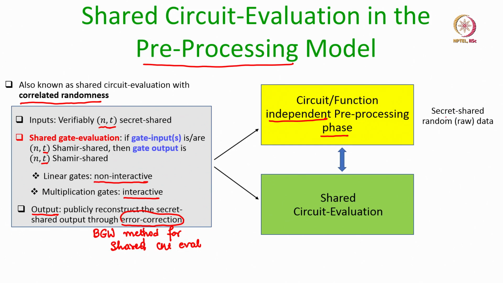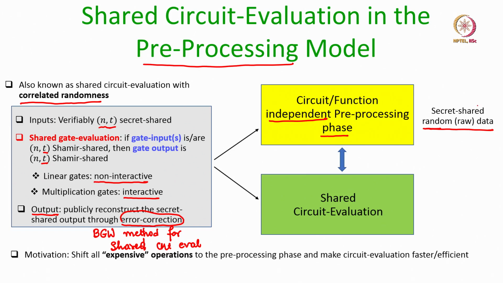And the goal for this pre-processing phase is to generate secret shared random data which has some kind of correlation among themselves. So, no one will know the value of the data, everything will be available in a secret shared fashion, and the data will be random. The point is that it will be independent of the circuit, namely the size of the circuit, as well as the inputs for the circuit and so on.